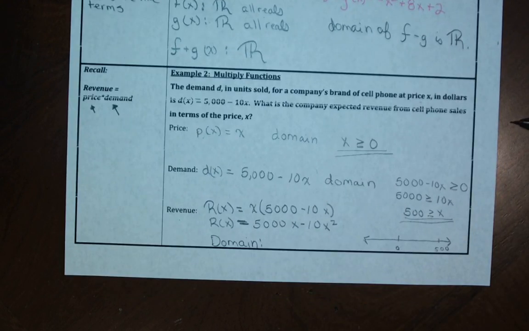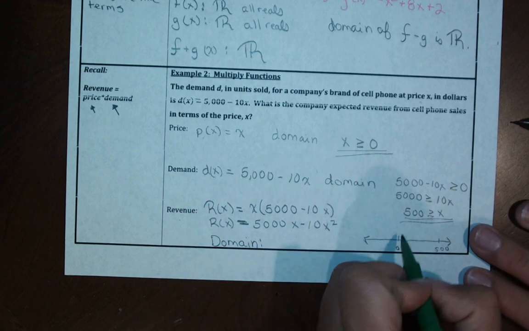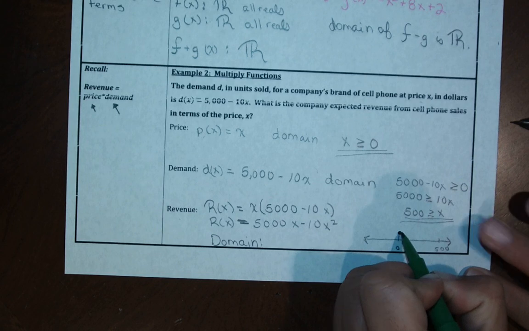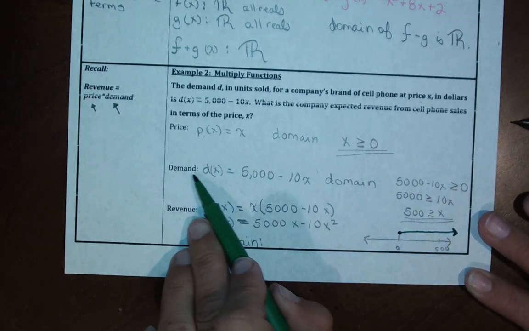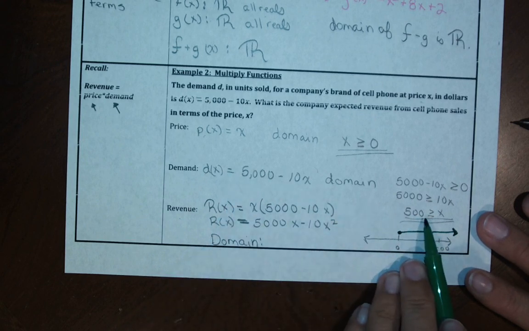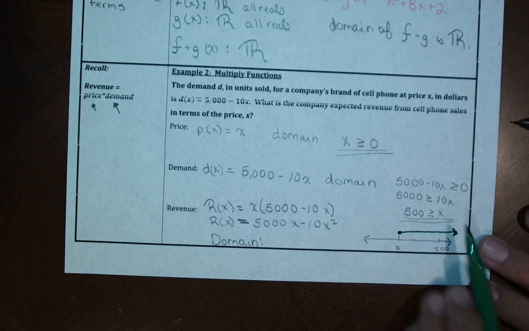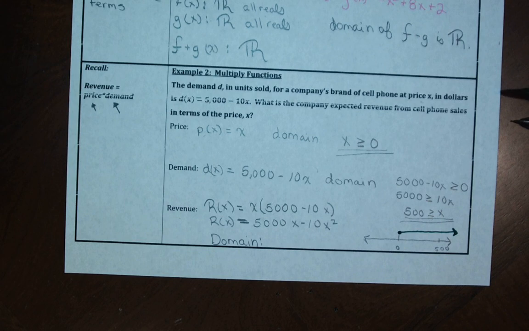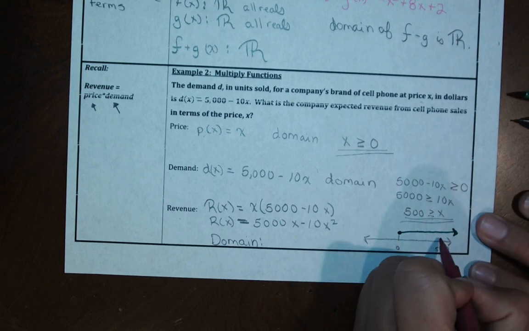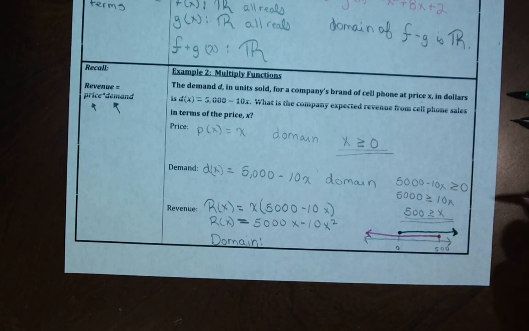My P of X domain says X is greater than or equal to 0. So that's here, and it goes that way. And my D of X says 500 is greater than or equal to X, or you could read it as X is less than or equal to 500. So here's 500. So X has to be less than that or equal to.